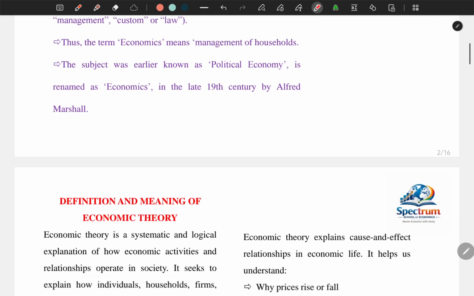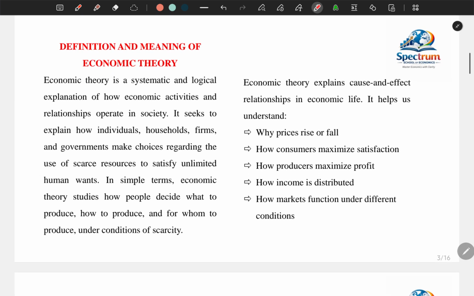When it comes to economic theory, it is a systematic and logical explanation of how economic activities and relationships operate in a society, and it also seeks to explain how individuals, households and governments make choices regarding the use of scarce resources to satisfy unlimited wants.